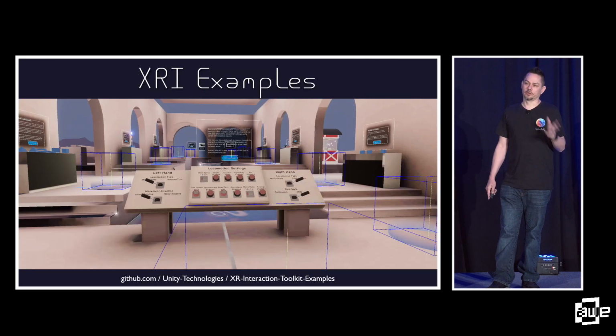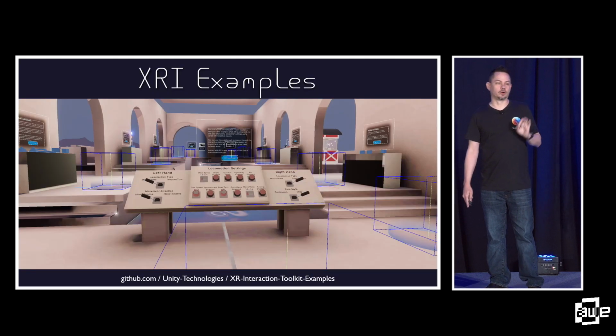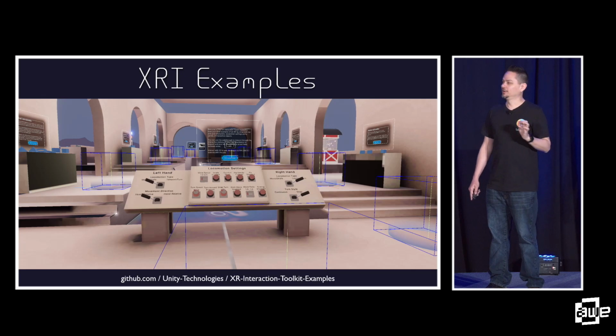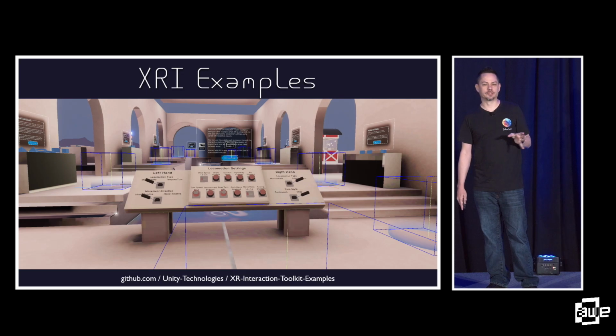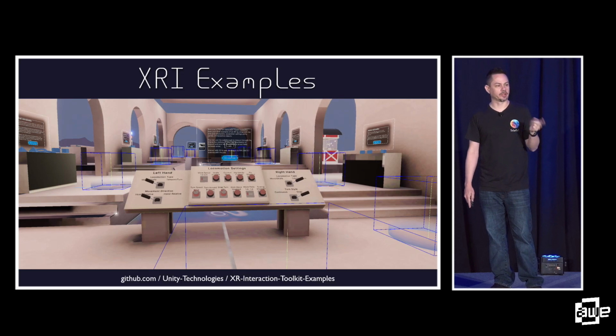Okay, so if you want to know more about XRI, the number one tip is that what comes in Unity and XRI is not everything you should know about XRI. Unity has a sample project on GitHub that has way more resources in it than what you will get by going in Unity and saying, build an XRI project.